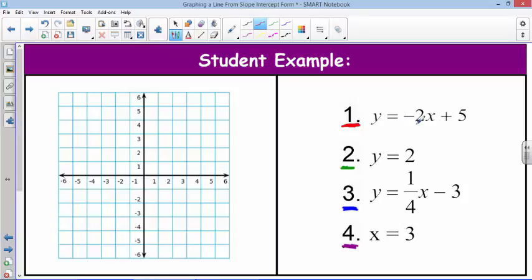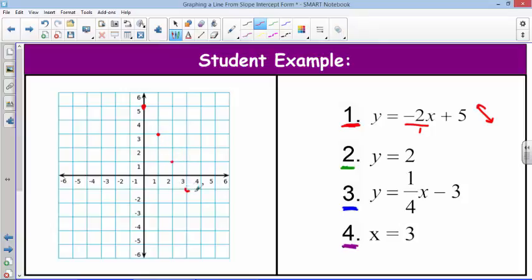So we'll start with this first one, y equals negative 2x plus 5. So I'll start at my y-intercept, which is on the y-axis at positive 5. I have a negative slope that will be going downward, and that's the same as negative 2 over 1. So I'll go down 2 and to the right 1.